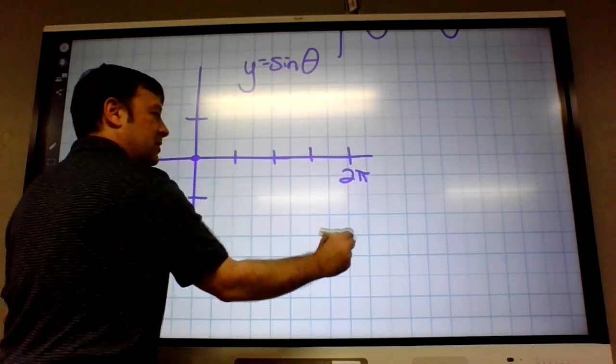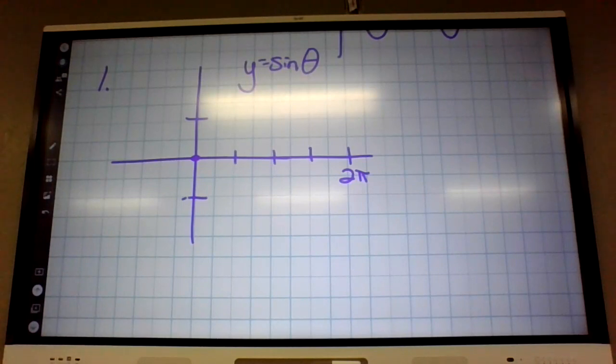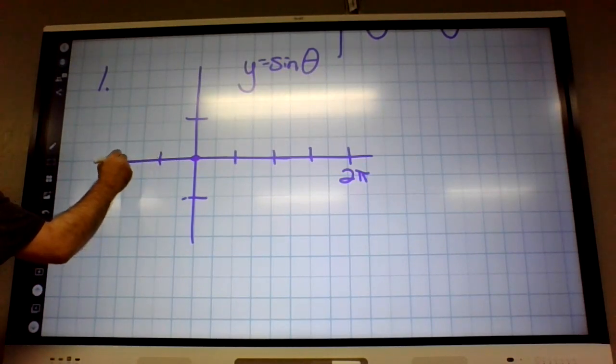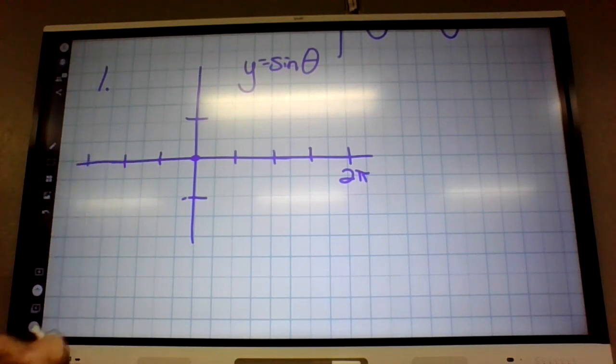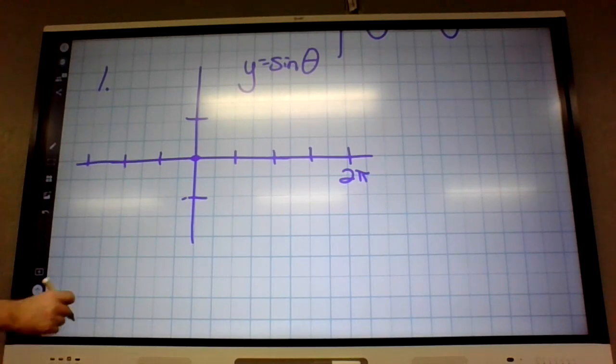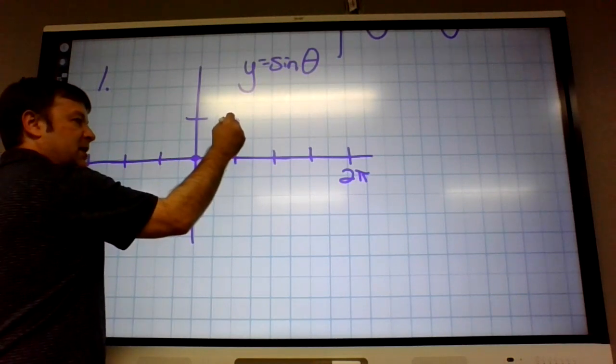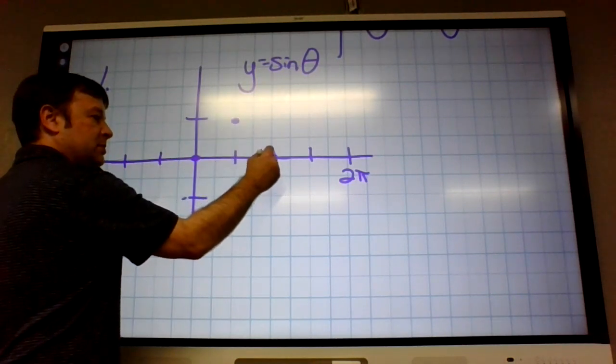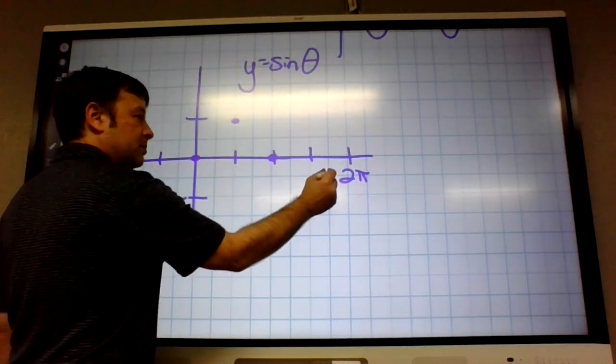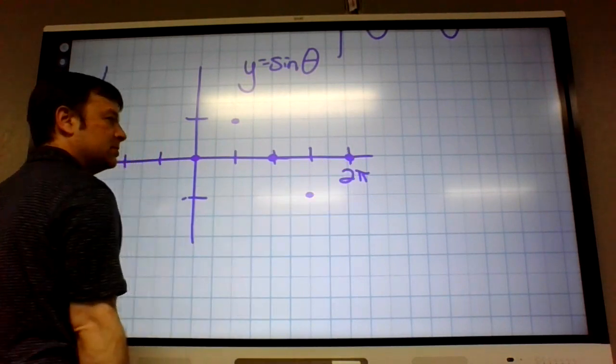And the fourth one, I marked my period out there as 2 pi. And let's do at least a couple, 2 or 3 going backwards. Okay, so sine starts in the middle going up. So top, middle, bottom, middle.